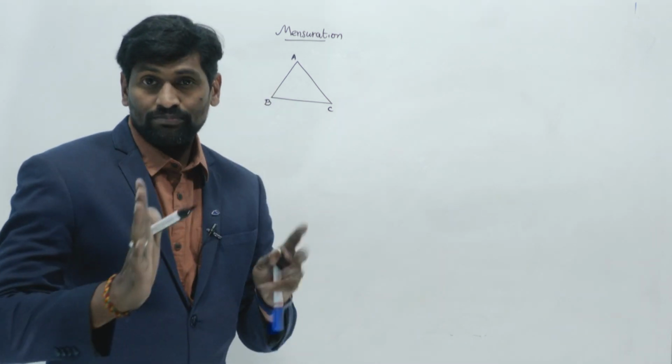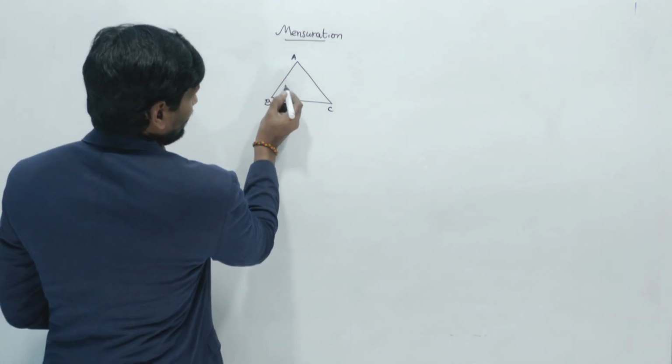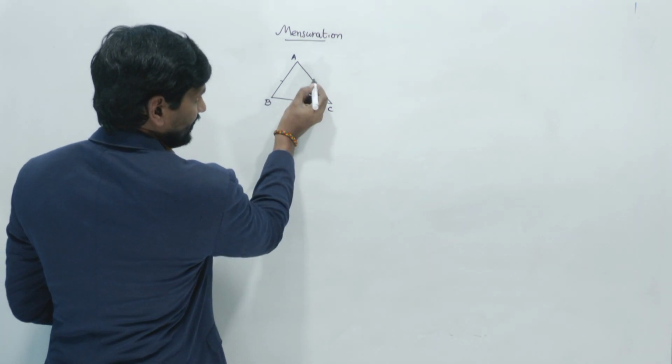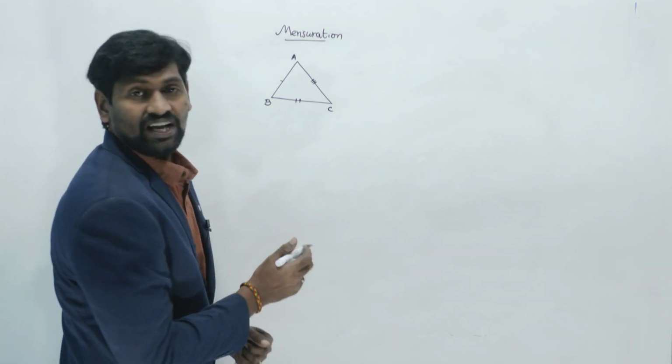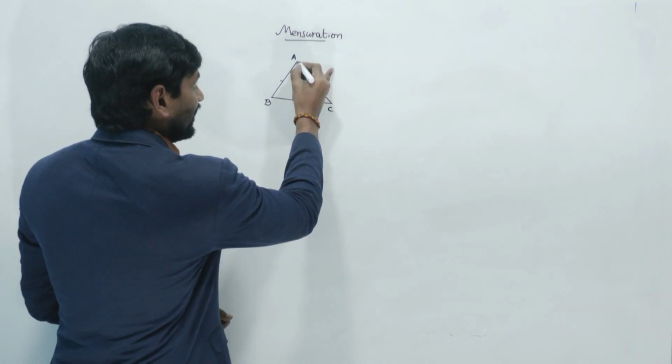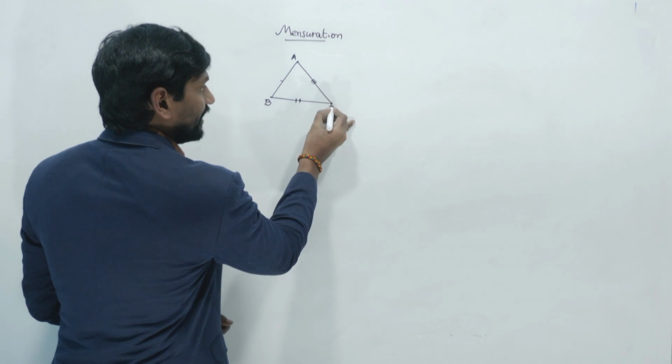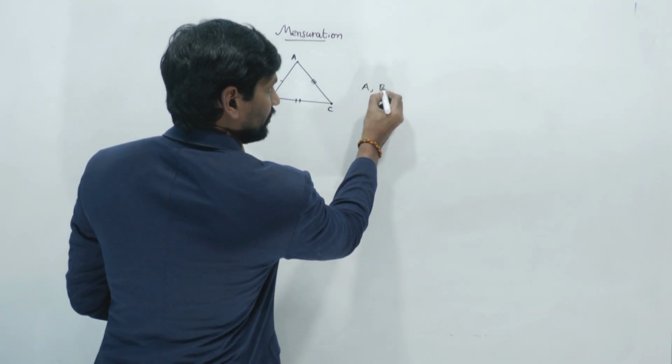While you are observing the three sides AB, BC and CA, A, B, C are called vertices.